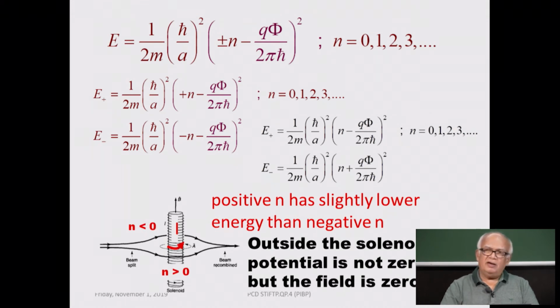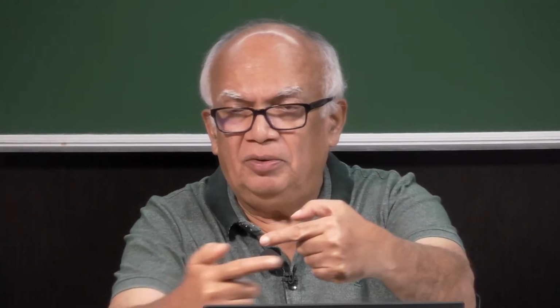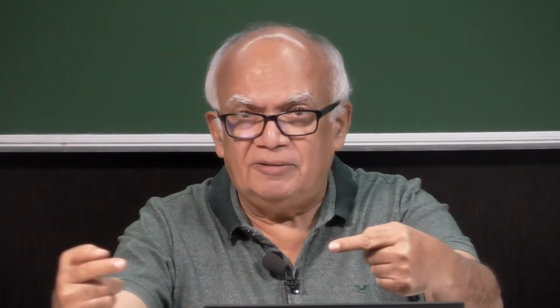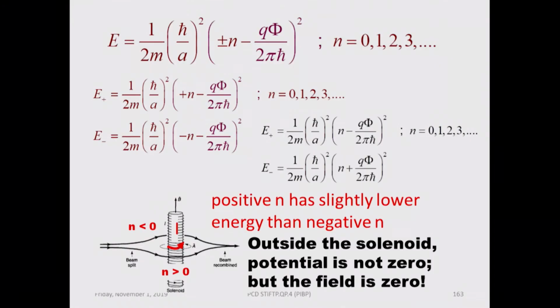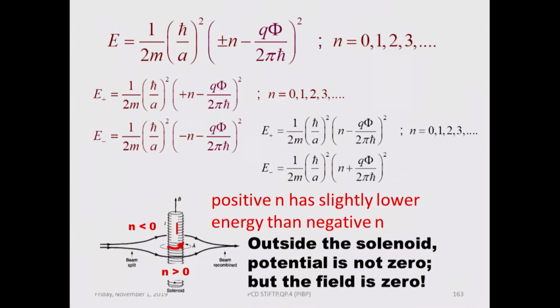So, the positive n are the particles which are coming on this side along the vector potential, and the other ones are those which are travelling behind, and if they are travelling behind, then the vector potential is directed in the opposite direction. Okay, so you need to keep this in mind, that in one the flow of the particles is along the direction of the vector potential, and for the other beam it is opposite to that.